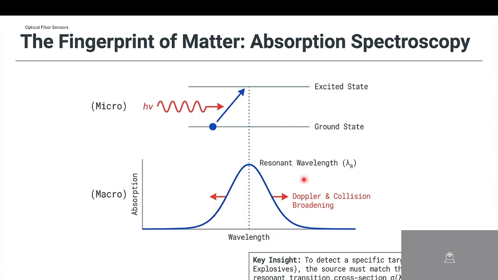But along with that, there is one more thing happening, which is Doppler and collision broadening. The broadening is happening because of the Doppler effect. And to detect a specific target like a pollutant or explosive, the source must match the target's unique resonant transition cross section, which is sigma lambda.